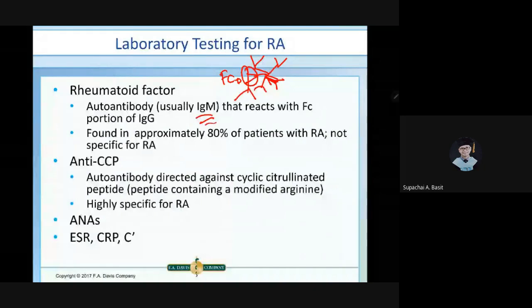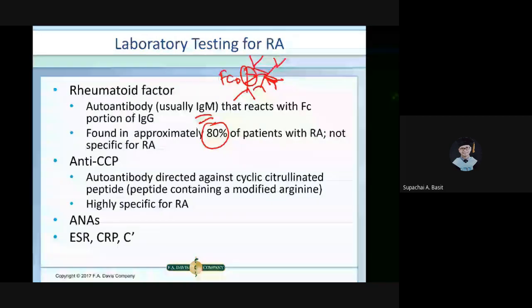Only 80% of patients with rheumatoid arthritis would have rheumatoid factor because it can also be found in other connective tissue diseases such as SLE, Sjogren's syndrome, scleroderma, and mixed connective tissue disease, as well as people with some chronic infections. So rheumatoid factor assays include latex agglutination, nephelometric methods, ELISA, and chemiluminescence assay.